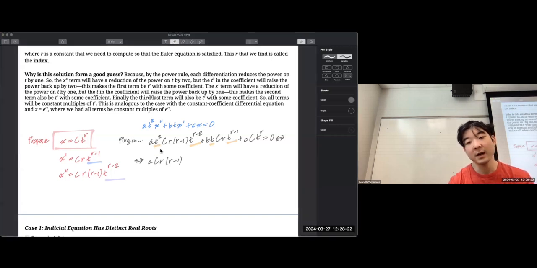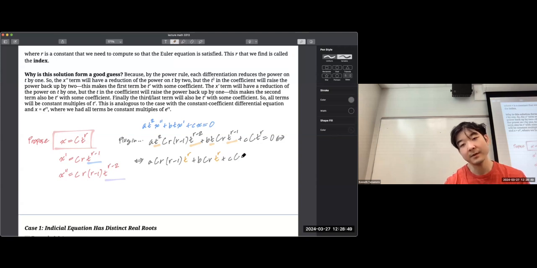And then, of course, this t squared and this t to the r minus 2, we already said combines to t to the r because you just add. And then you have plus b capital C r, but this t and this t to the r minus 1, they combine to t to the r. Plus little c, capital C, t to the r.